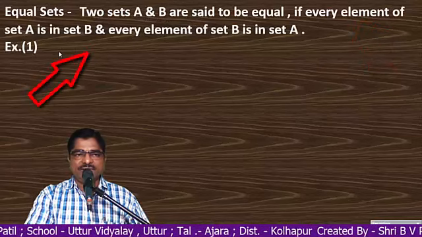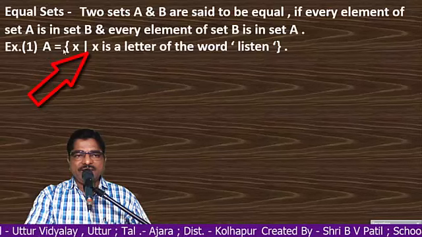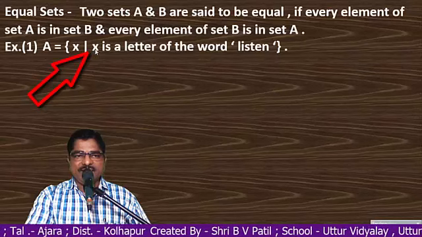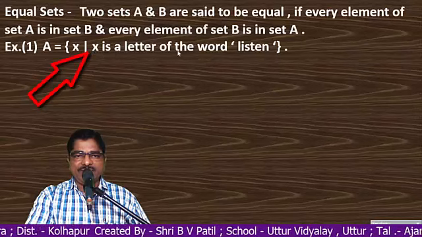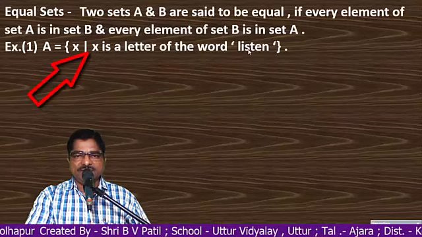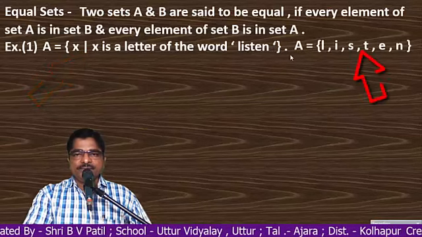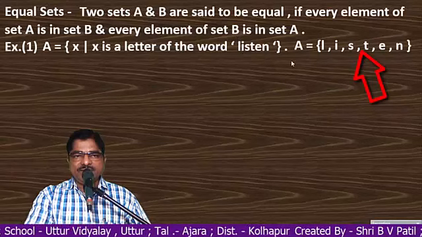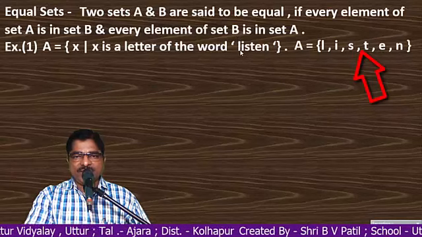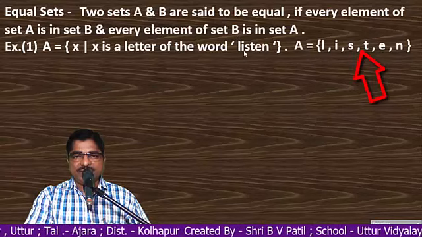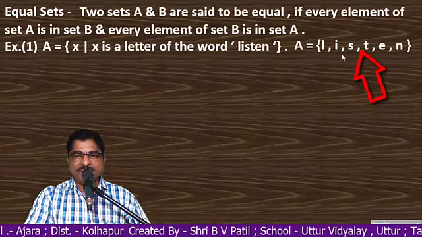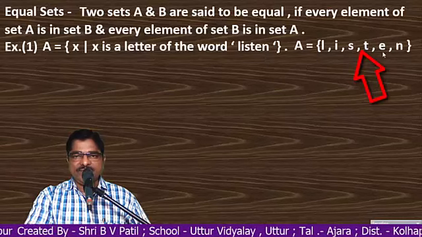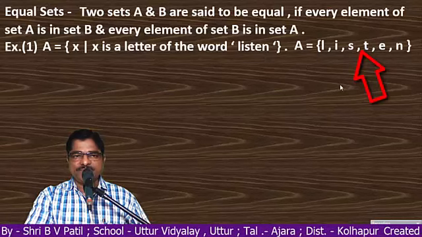For example, first, A is equal to, in curly brackets, x such that x is a letter of the word listen. Therefore, we write A in listing method: L is the first letter, I is the second, S is the third, T is the fourth, E is the fifth, and N is the sixth.